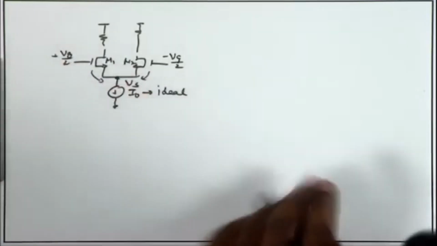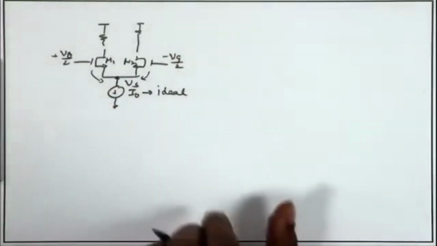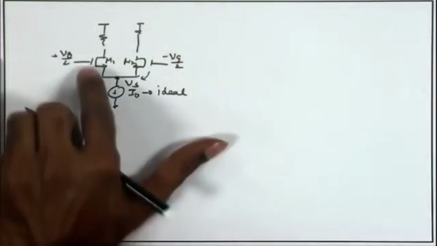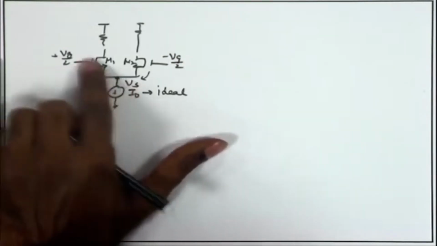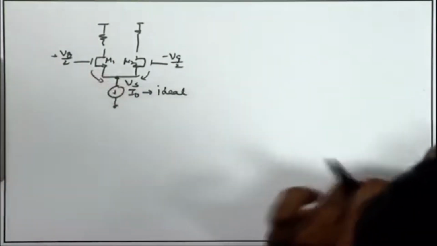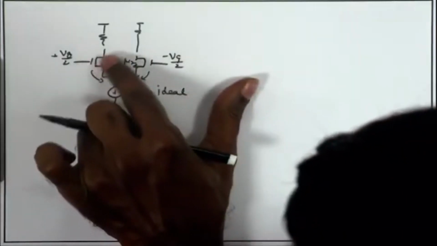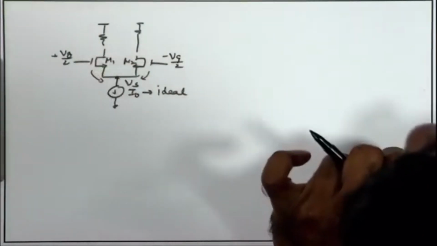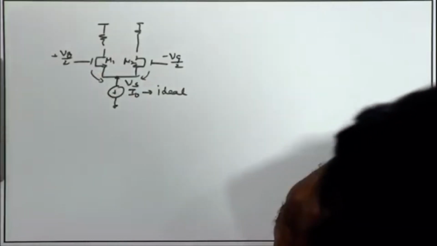If I ignore the channel length modulation of M1 and M2, effectively I am trying to change the VGS of M1, and I am also trying to change the VGS of M2. We know that when you try to change the VGS, we get a small signal current flowing from drain to source of M1, which is equal to GM1 VGS1.